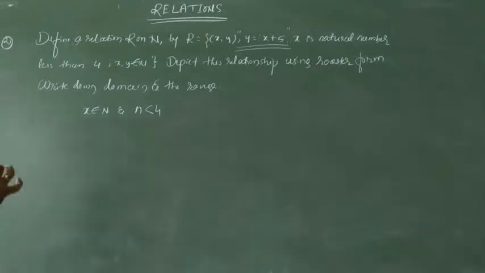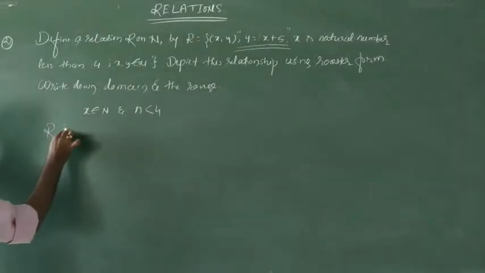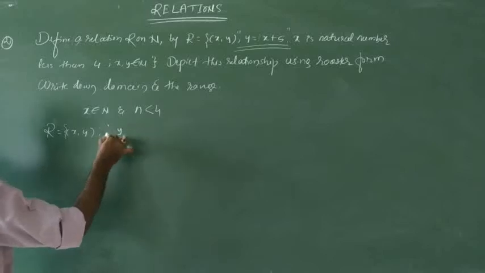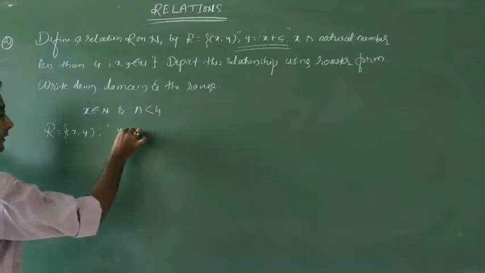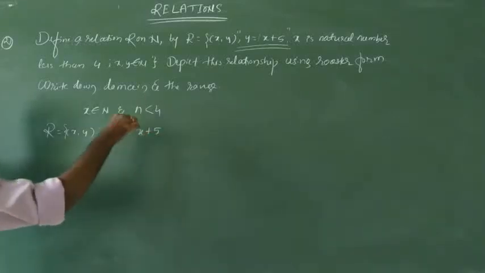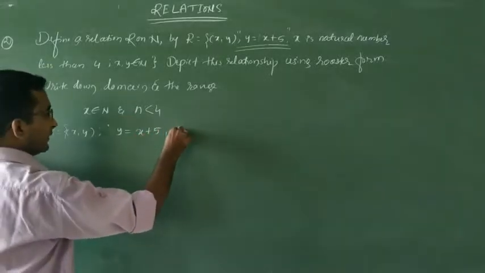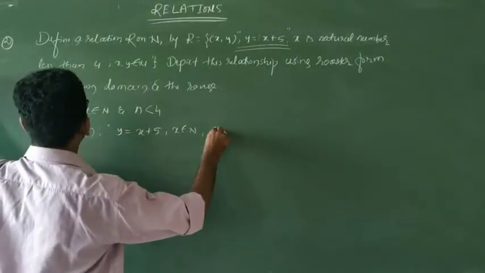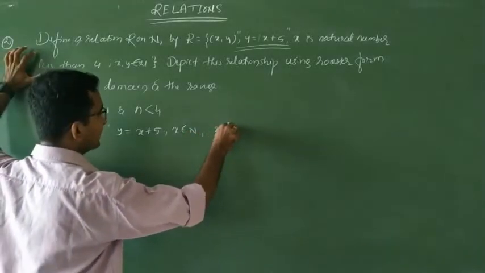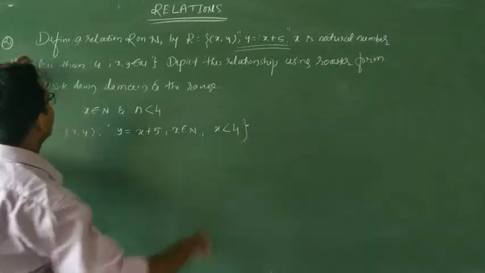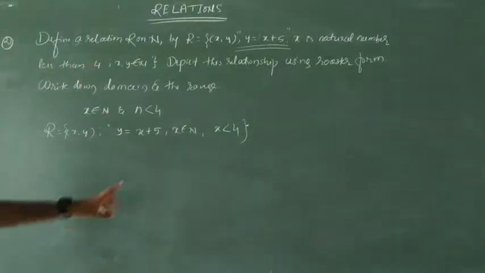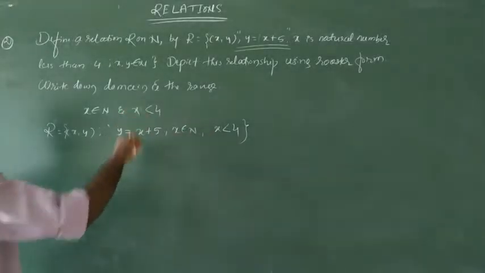The relation is the set of pairs x comma y, where y is equal to x plus 5, where x is a natural number, and x is lesser than 4.